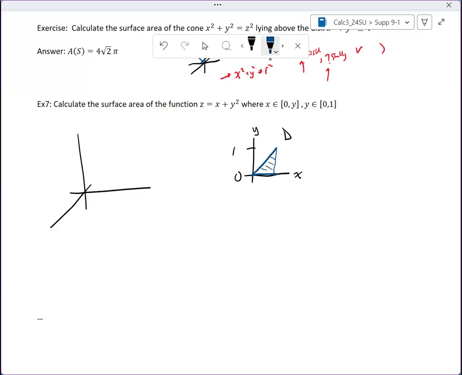So this is my domain. Here I have x, y, and z, and y is going from 0 to 1. X also comes out to 1. So we go from 0, 0 to 1, 1, and our region is kind of along the x-axis.